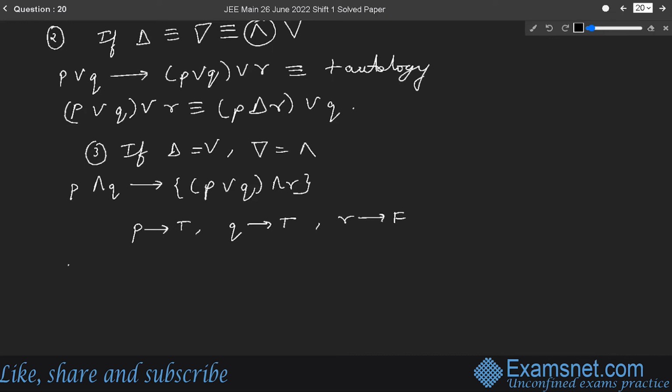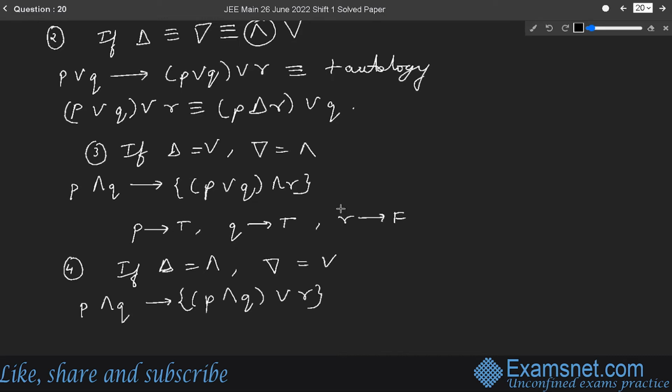So, the last case for this question will be if delta is equal to this and reverse will be this, then again the relation between P and Q will be defined this way. It is clear again that it will not be a tautology.